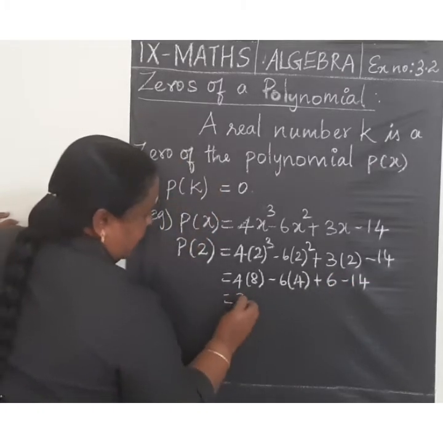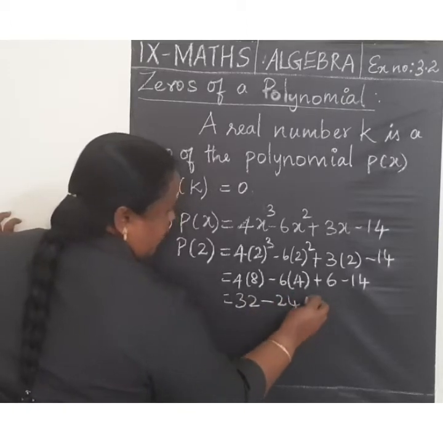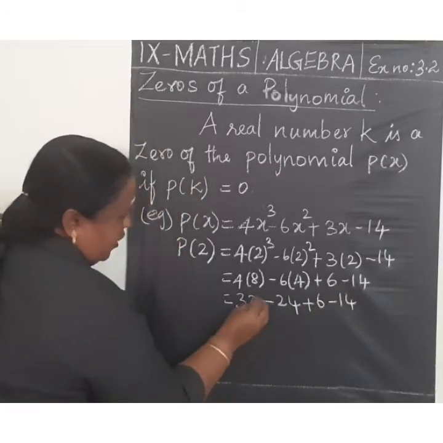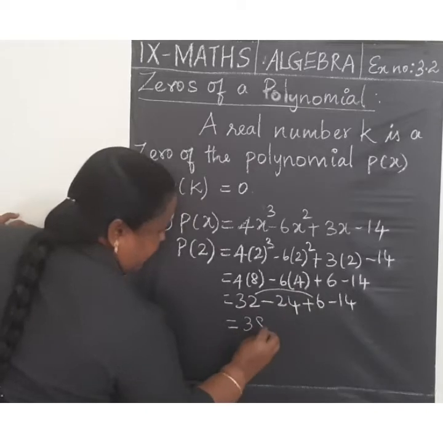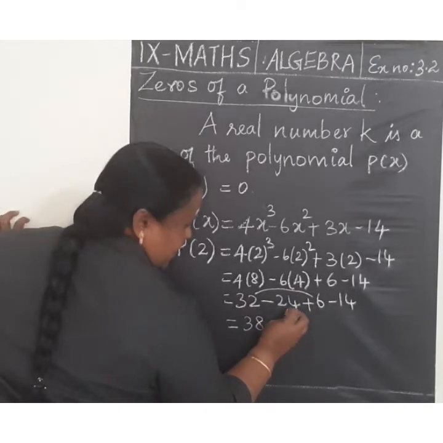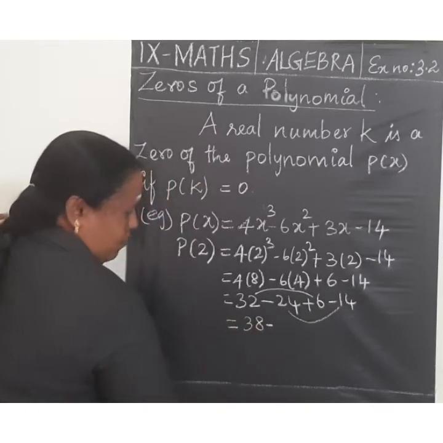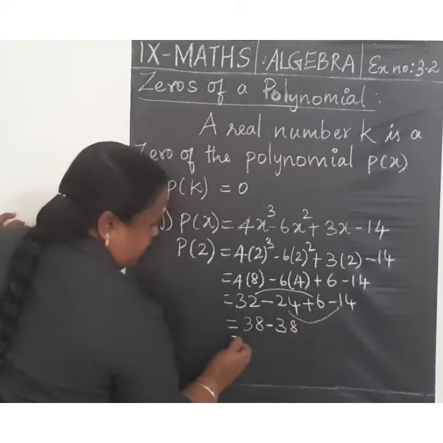So 8 fours are 32. Here minus 6 fours are 24, plus 6, minus 14. Now 32 plus 6, when we add, we get 38. Here both are minus, minus 24 and minus 14, so we add them and put the minus sign. Minus 24 minus 14 is minus 38. So 38 minus 38 equals 0.